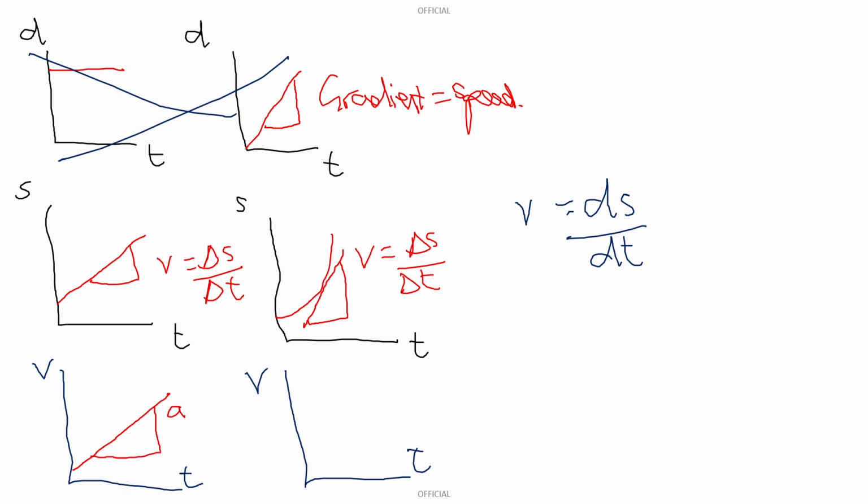So acceleration is equal to the change in velocity divided by the change in time. And again, they should have learned this notation at GCSE. So acceleration, when I differentiate, is the differential of velocity with respect to time. So acceleration is defined as the rate of change of velocity.